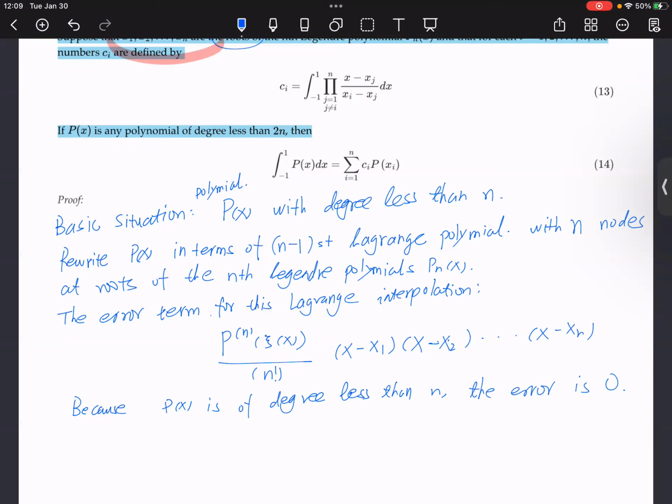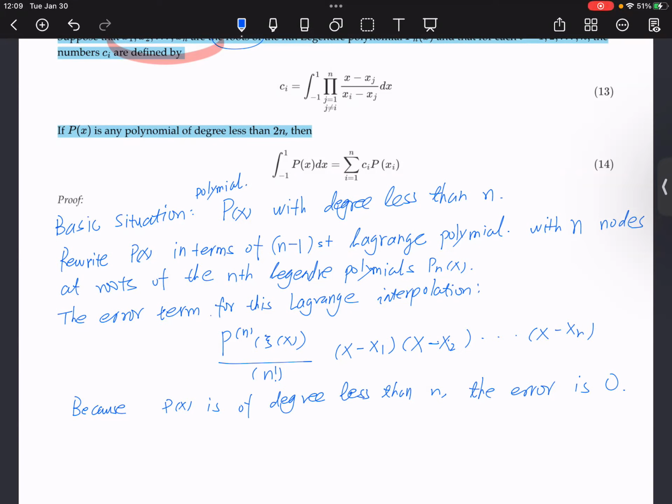error term for the Lagrange interpolation for n points, and because we are considering a polynomial whose degree is less than n, if you take the nth derivative here, this derivative should be 0, because the degree of the polynomial is at most n minus 1.